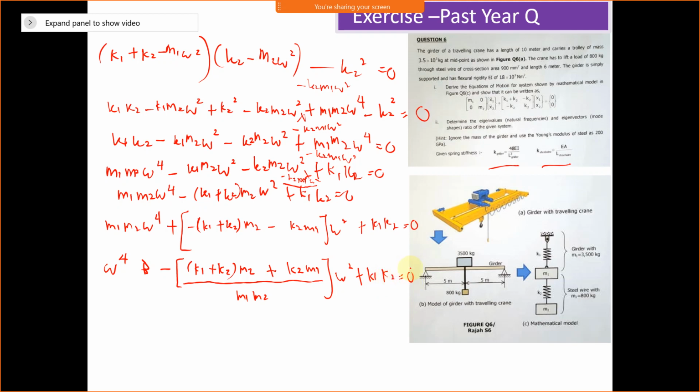Okay, sekarang dah betul. K1 K2 over M1 M2. Okay, good.